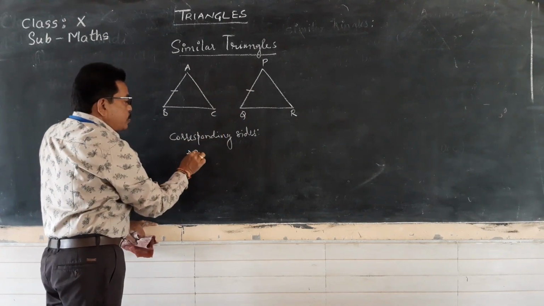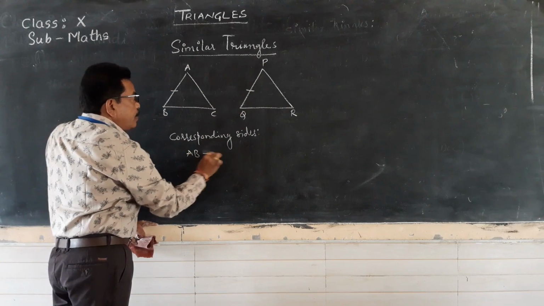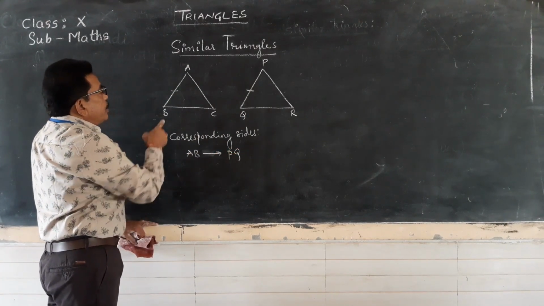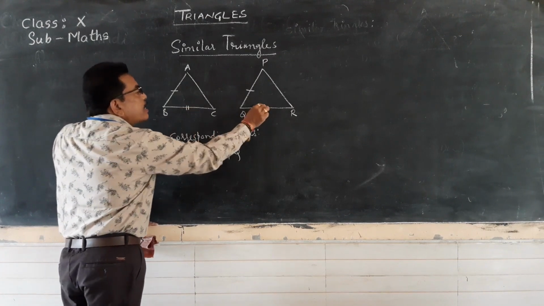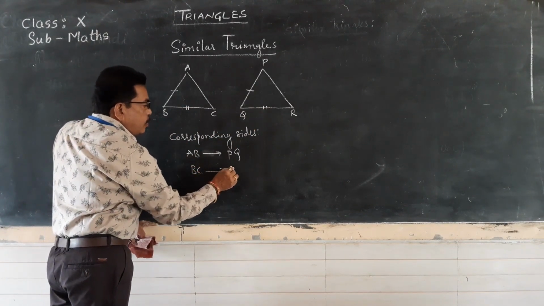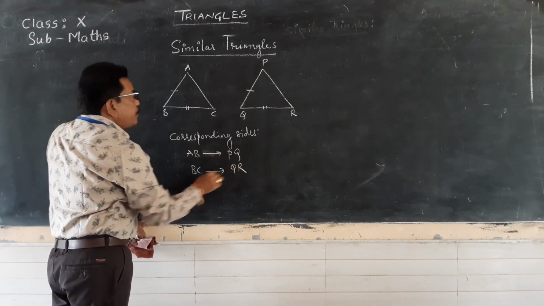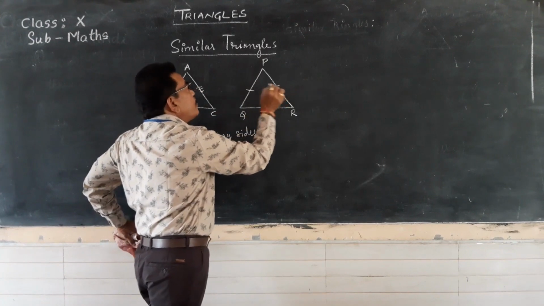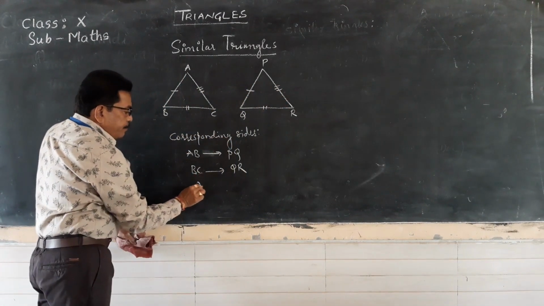AB corresponds to PQ, then BC corresponds to QR, then AC corresponds to PR.